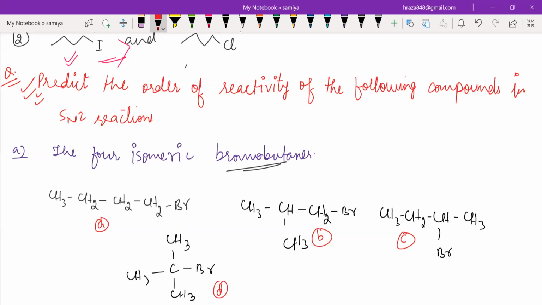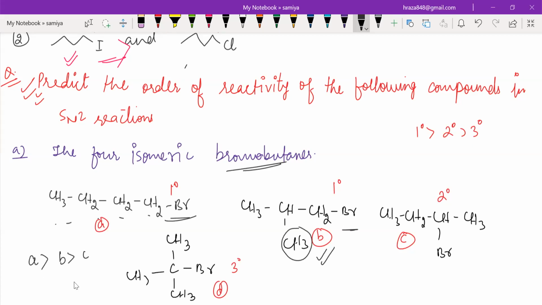Not B, C. First, concentrate. This is 1 degree, this is 1 degree, this is 2 degree, this is 3 degree. So as we know, 1 degree, 2 degree, 3 degree is the reactivity series. Now both are 1 degree. Which one is more crowded? This one, because CH3 is here, but there is no CH3 here. So A will be the highest, then B, then C, then D. Is that clear, Aman?